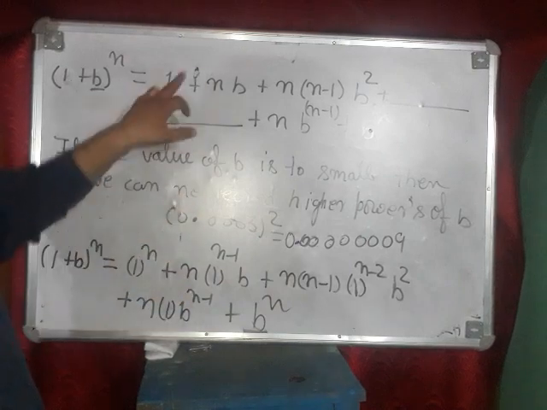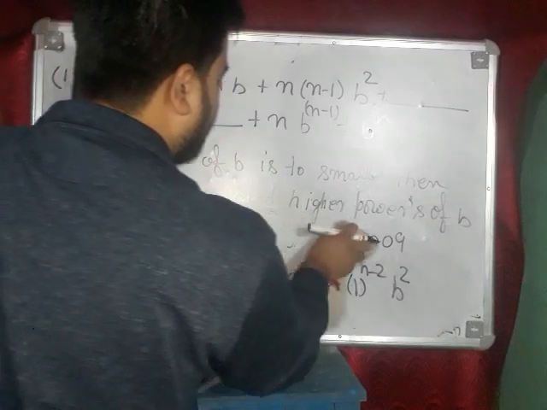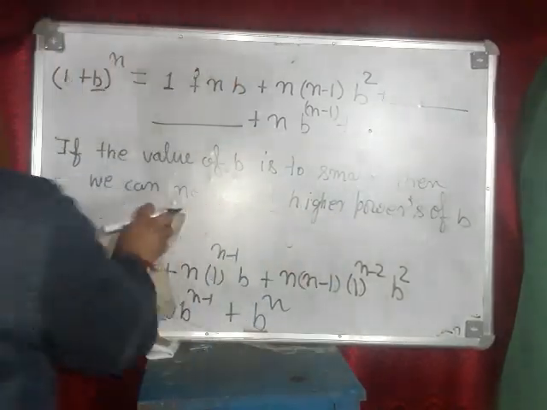So if the value of b is like that, we neglect higher powers because the value comes out too small.